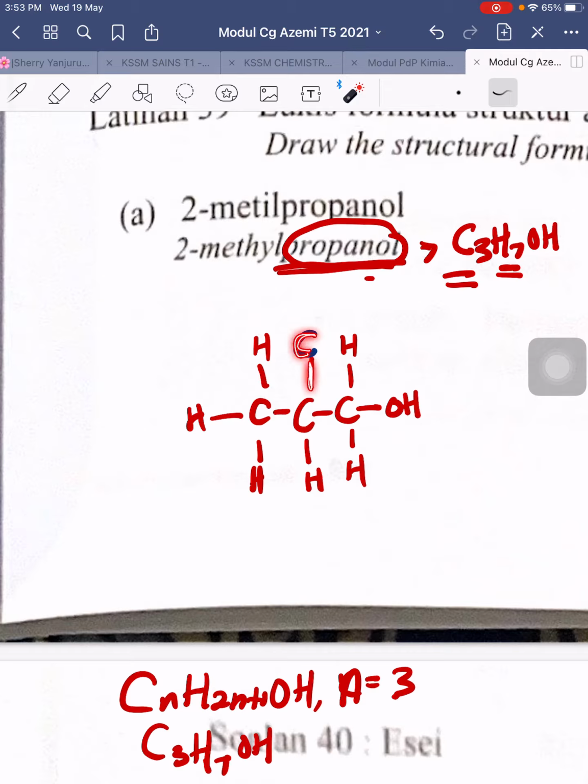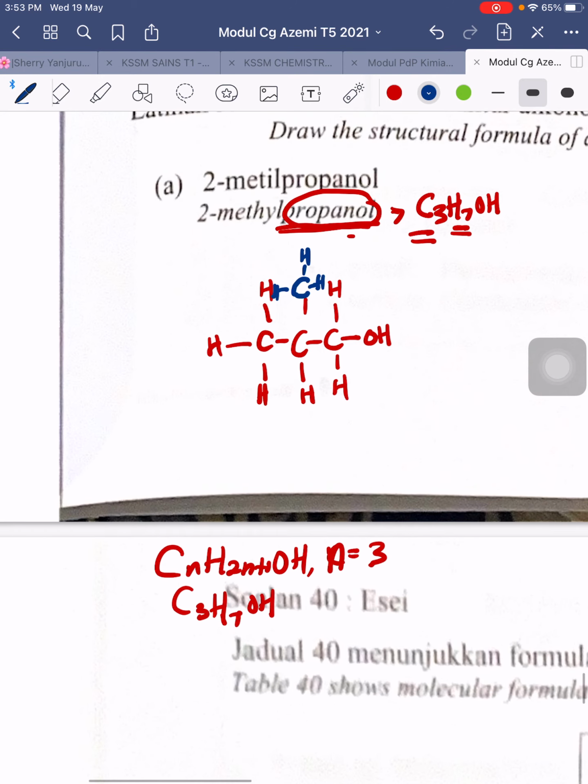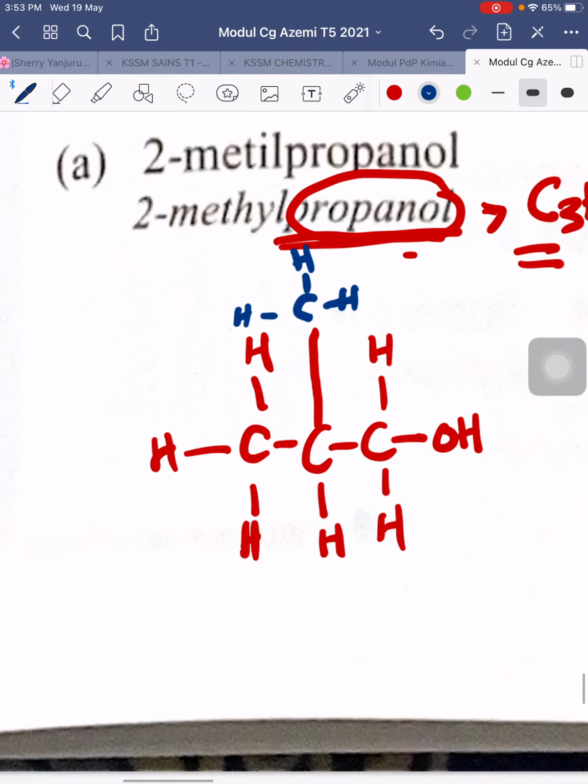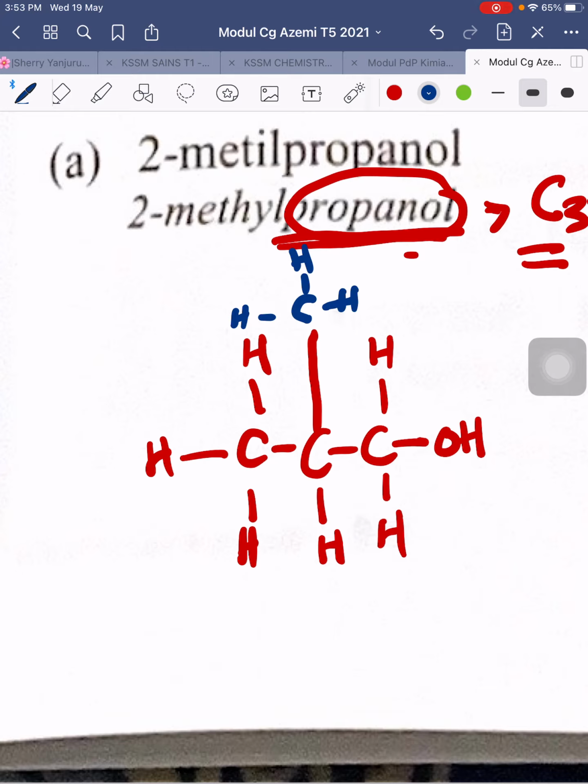So you should draw another 1, 2, 3. Okay? So I will draw it out here. 1, 2, 3. Okay, so it looks like that. If you want to draw a longer chain, a longer bond for this one, also can. So it will be like this, C, so that your drawing will be nicer. Okay, so this is 2-methyl propanol.